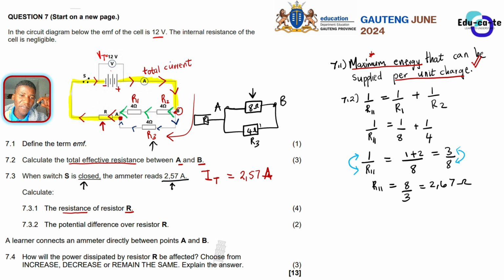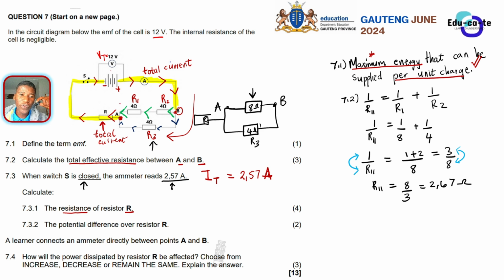Cool. We have already said that resistor R is receiving the what? The total current. That's what we analyzed at the first step. We say that resistor R is receiving the total current. So it means the current through this resistor R is the total current. We did an analysis on that. Please watch those videos and try to understand how the total current is made up.